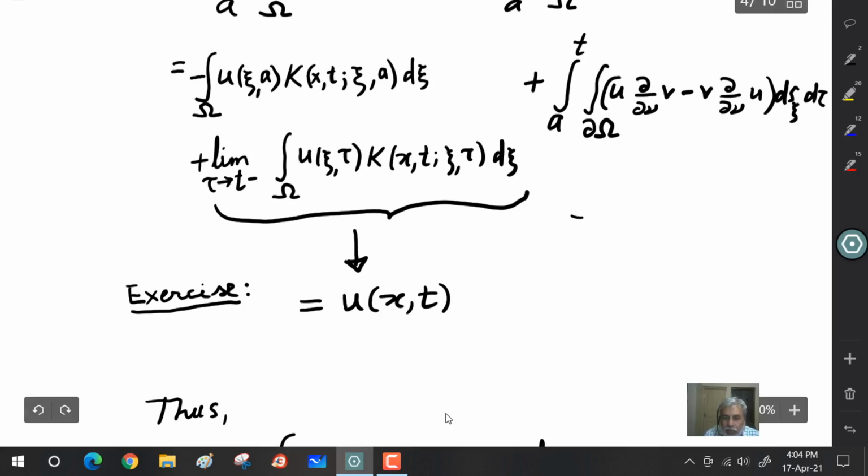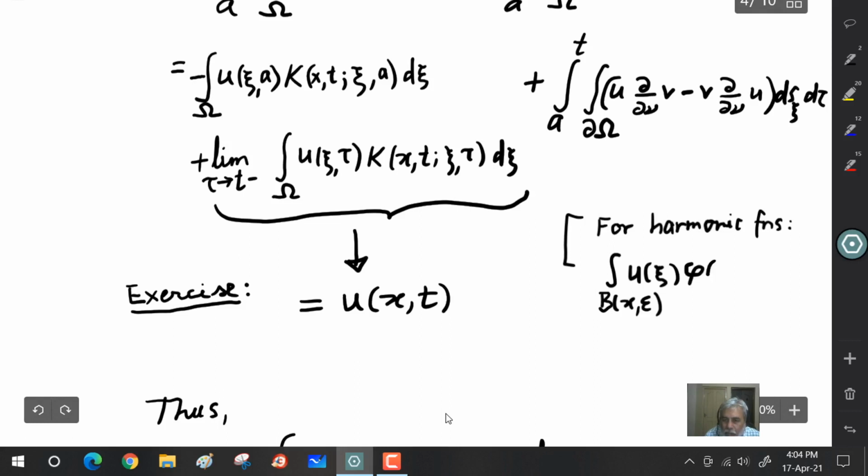So for harmonic functions, you take a small interval around x, the integral of u xi phi of x minus xi, in the limit as epsilon tends to 0.